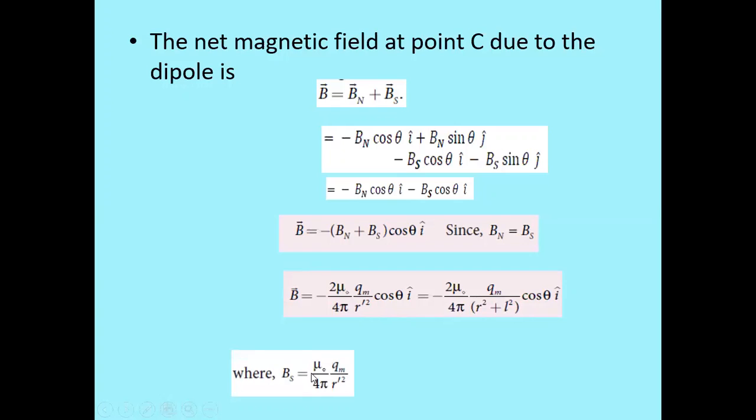What is the value of Bs? Bs is mu 0 by 4 pi Qm by r dash square. So what is your r dash? R dash is r square plus L square the whole raised to 1 by 2.